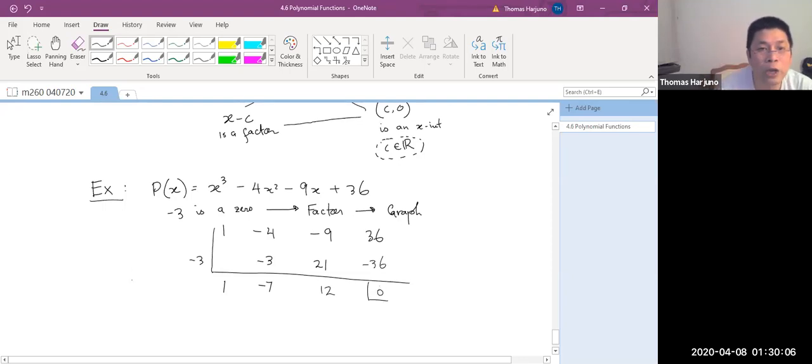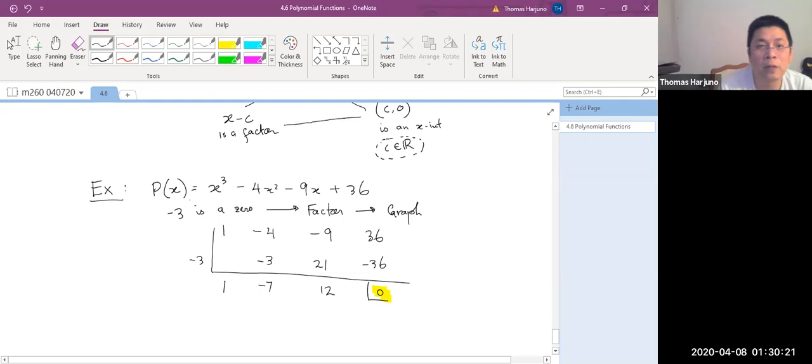Okay, so we know that -3 is a 0. Why do you do that, Thomas? We do expect that the remainder will be 0, right? Why? Because they tell us -3 is a 0.